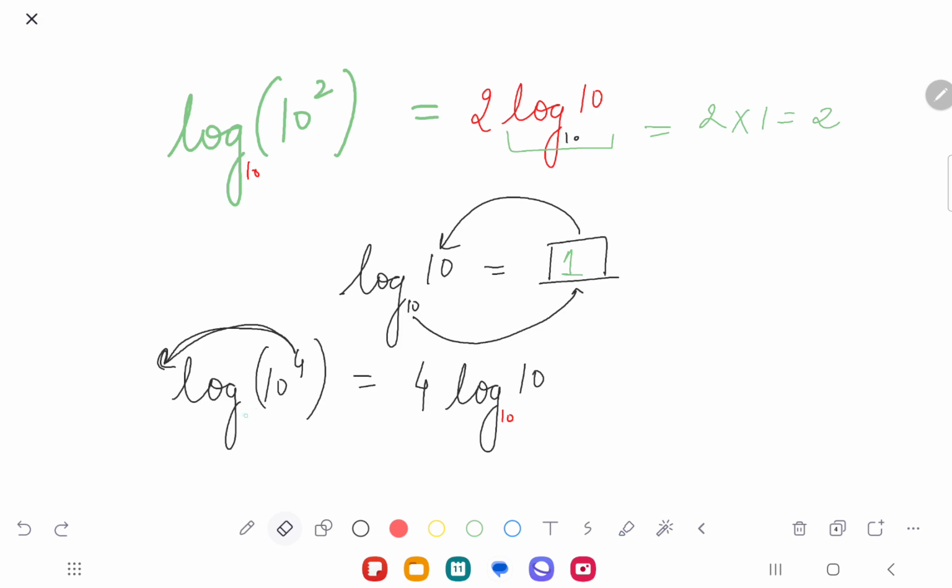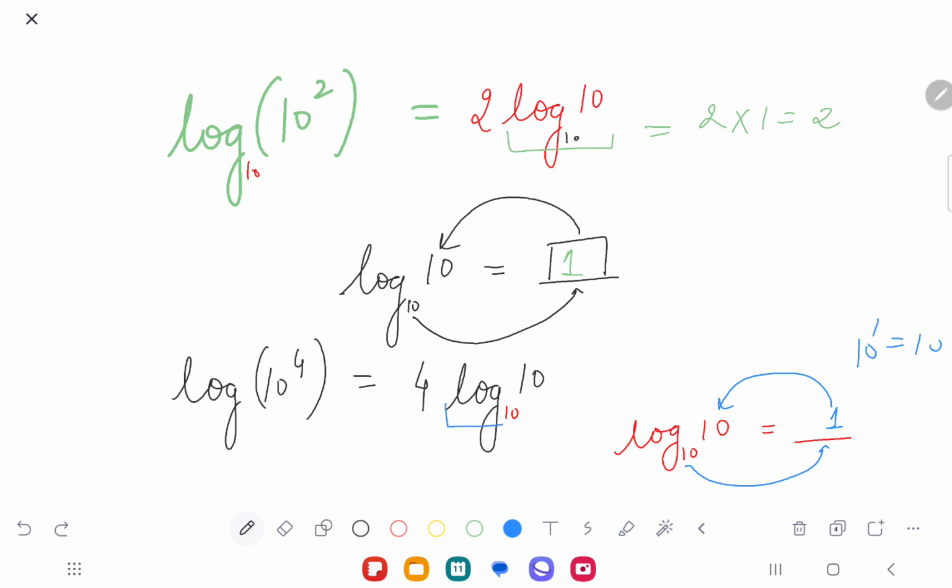So I may write this down, I may not write this down, but it shall remain the base. And what is the answer that I'm going to think in my mind? Separately, I'm going to find log 10 to the base 10. So 10 raised to power what gives me 10? 10 raised to power 1 shall give me 10. So log 10 to the base 10 shall be nothing but 1. So my answer shall come out to be 4 times 1. That shall be 4. Understood or not?